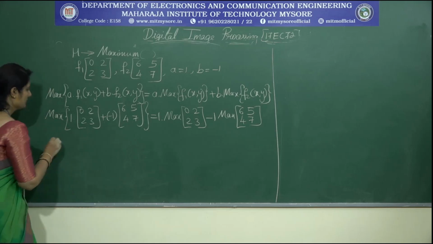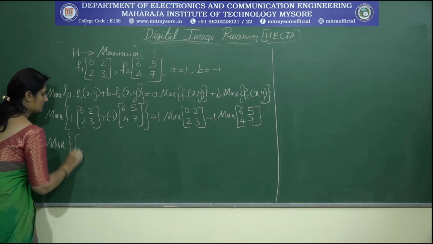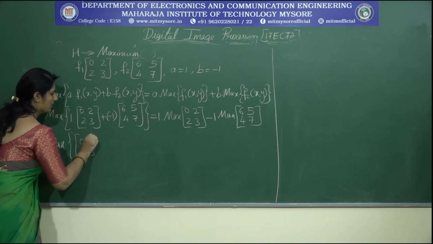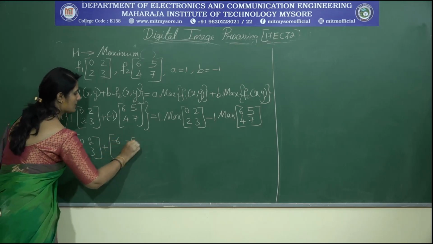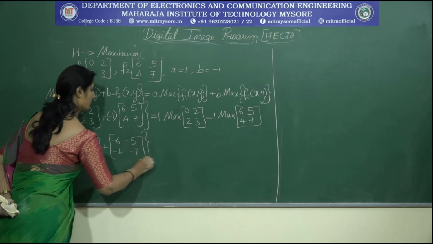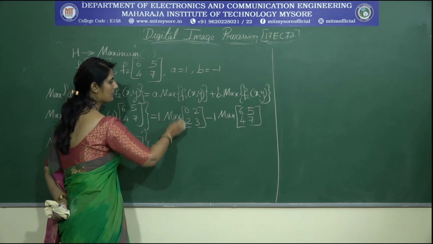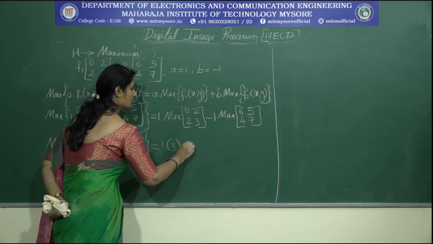Right. Now let me simplify this. Maximum of 0, 2, 2, 3 plus -6, -5, -4, -7, which is equal to, now which is the maximum value in this matrix? The maximum value is 3.